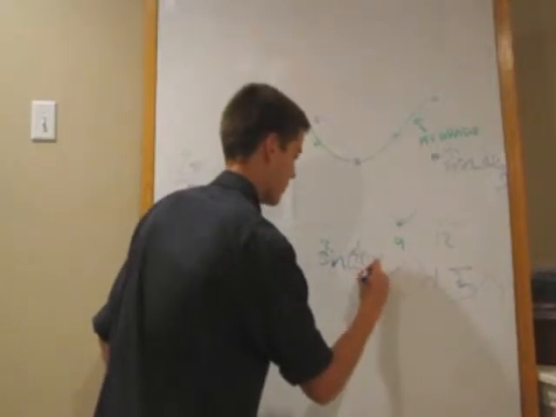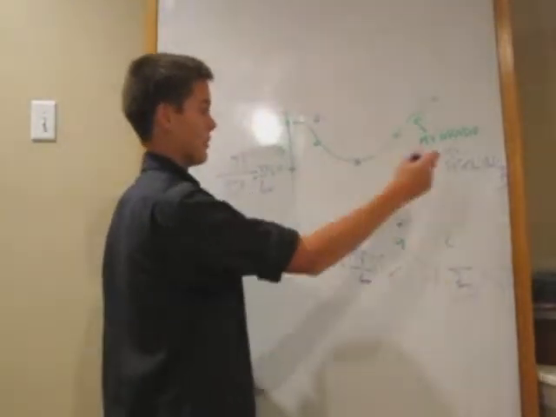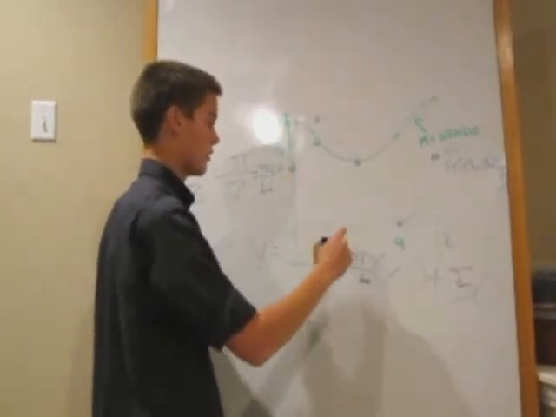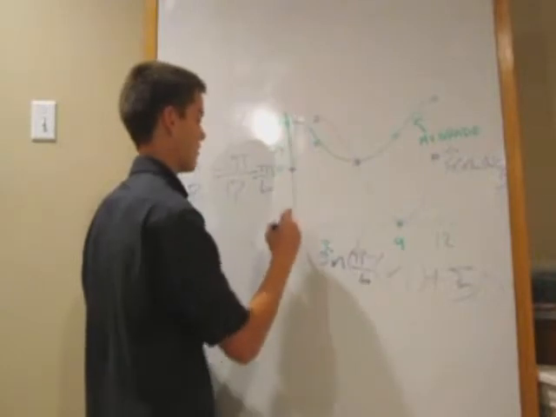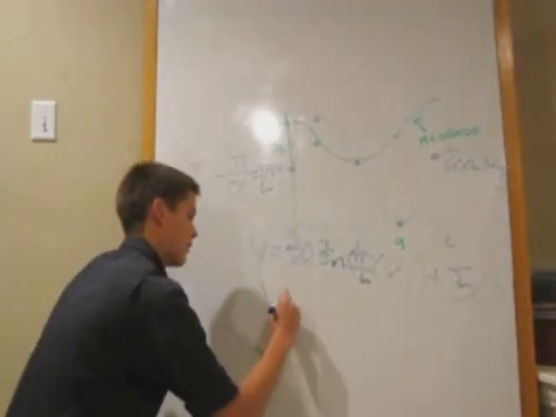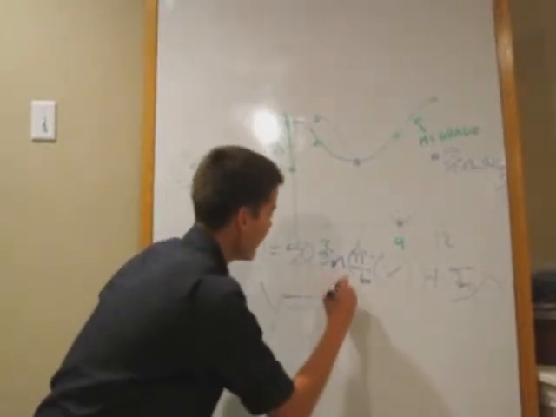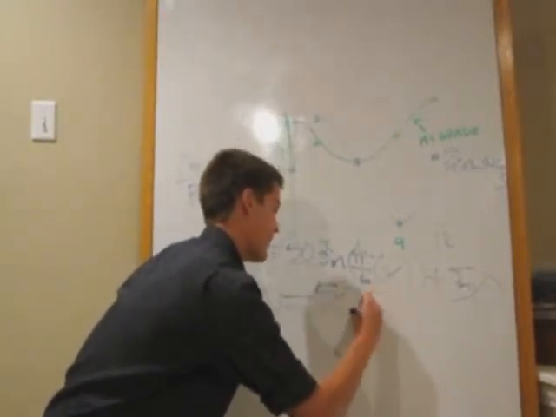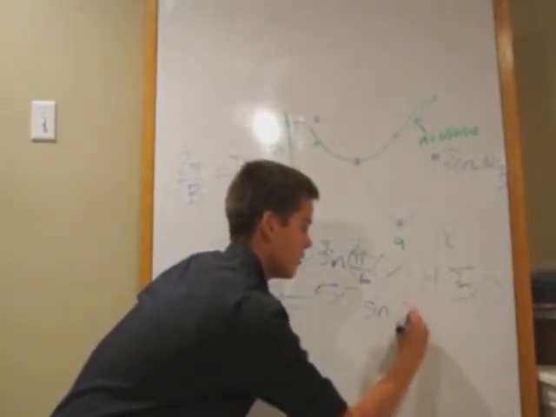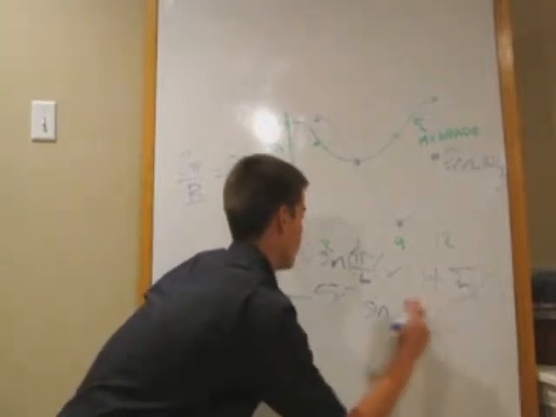Pi over 6 is our b value. And our a value is our amplitude, the distance from the median to the high point or the low point, which in this case is 50. So our equation for this graph about our feelings in this pre-cal class of Mr. Martinez's is 50 sine of pi over 6x plus 50.